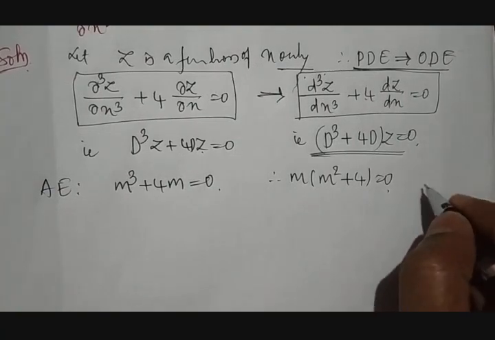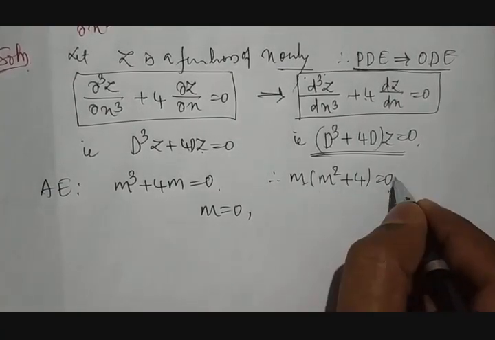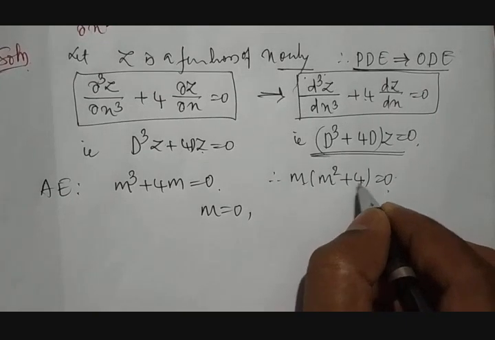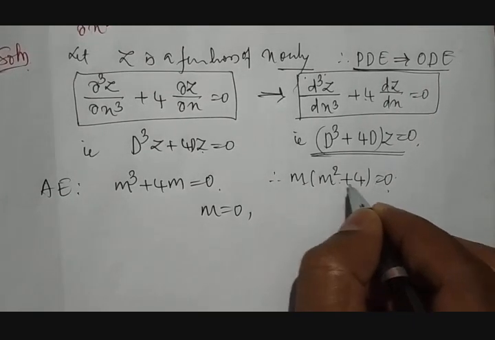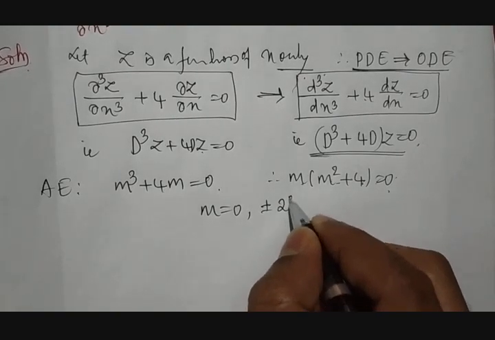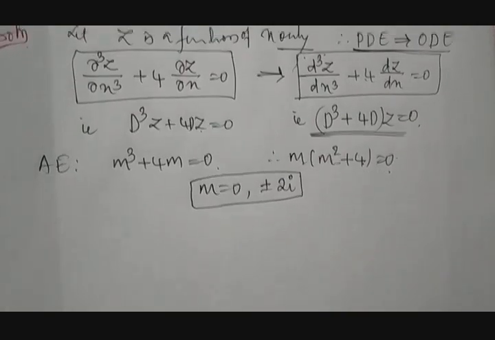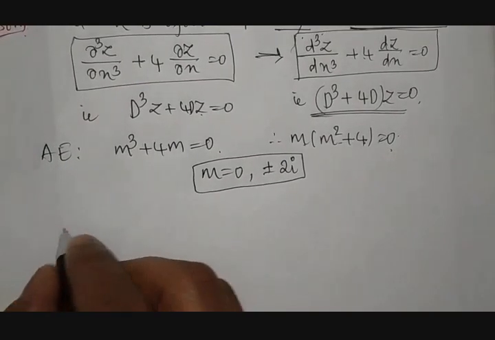Therefore, one root is m = 0. Then m² + 4 = 0, so m² = -4. Therefore, m = ±2i.